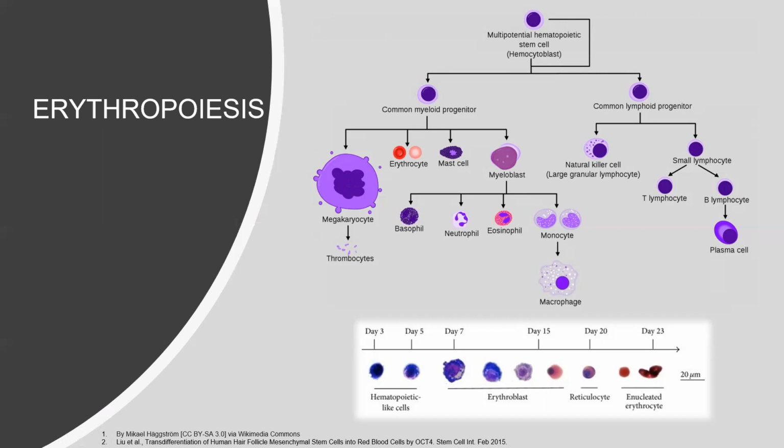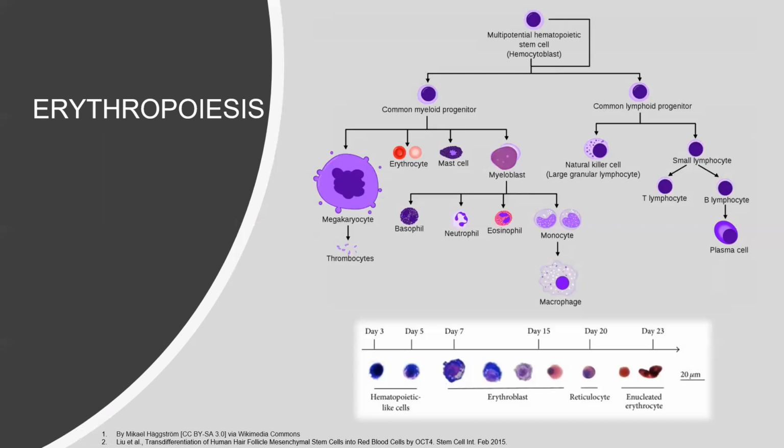The process of erythropoiesis itself involves several stages. First, they become normoblasts or erythroblasts, which are seen here. They still contain some organelles and nucleus. If you recall, I told you that red blood cells do not contain mitochondria and nucleus. So afterwards, reticulocytes are made, and reticulocytes can be thought of as immature red blood cells.